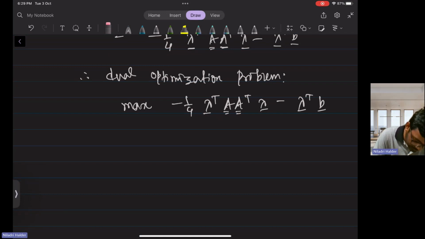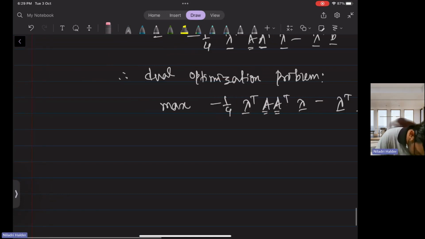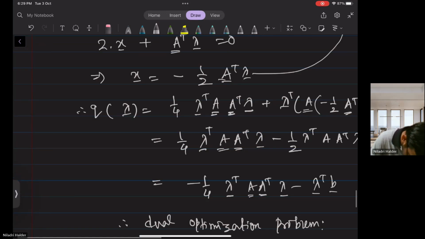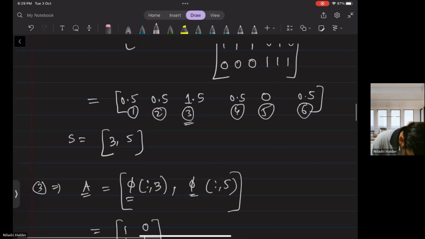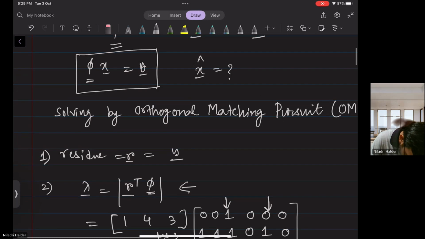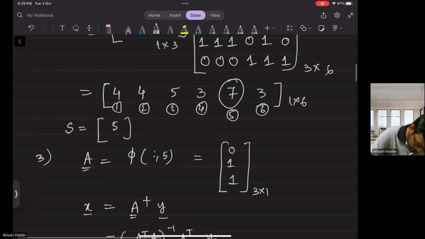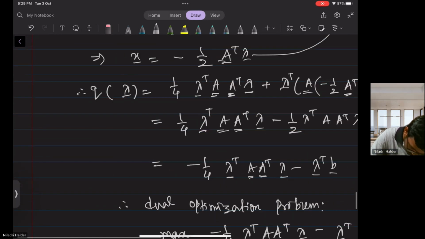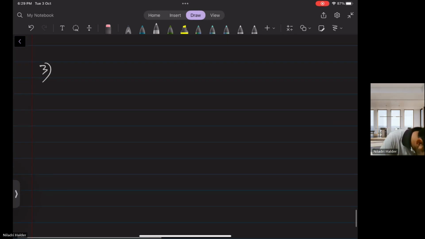So then the third question, the first question is, what is the dual problem of this?